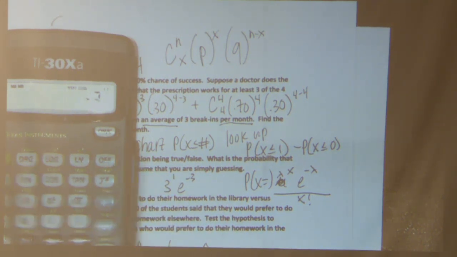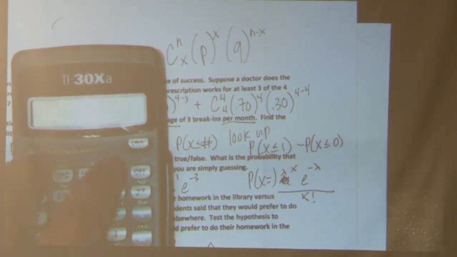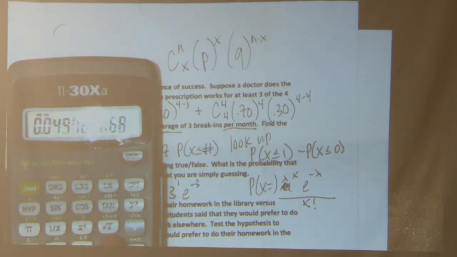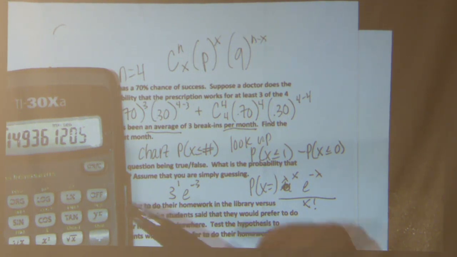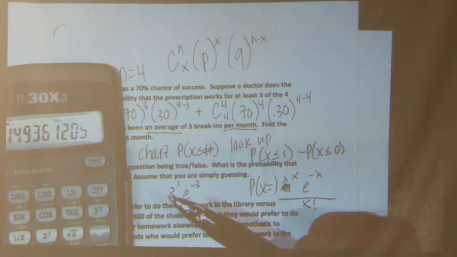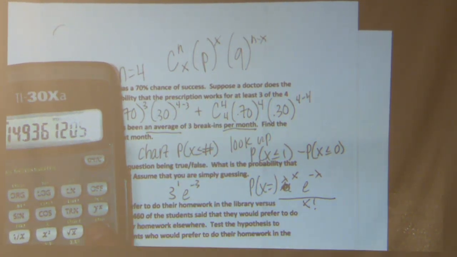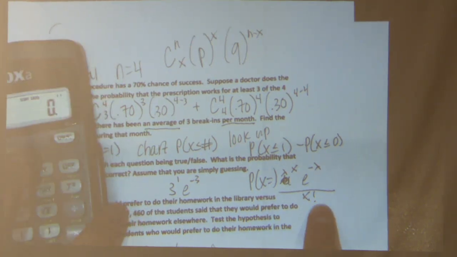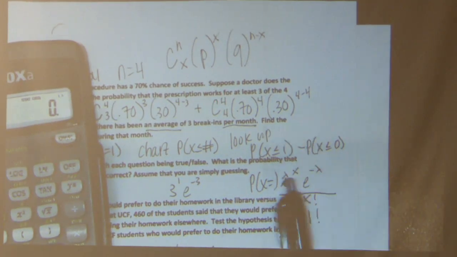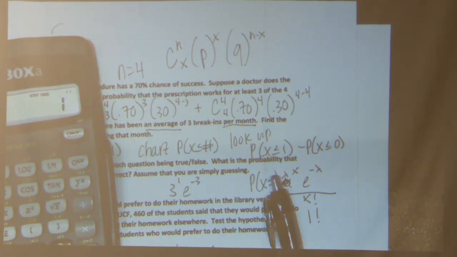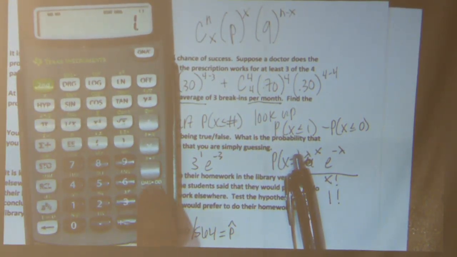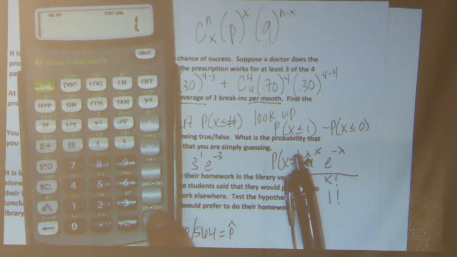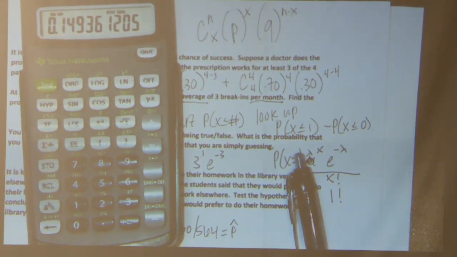Negative 3 you're going to put in first and then do second ln. And then to get the factorial on this calculator, you're going to divide by, if we had an x of 1 factorial, we're just going to do 1, and then the factorial is going to be the second e button, so second 3. And then that's how we would get the answer. Did that help?